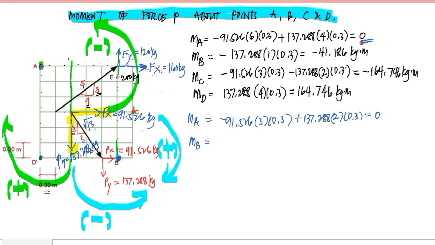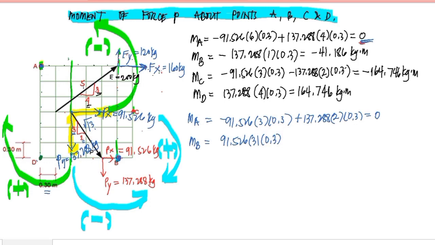So we have 91.526, that's positive because clockwise. And the perpendicular distance, since this is the line of action of Px, is 3 blocks. So we have times 3 times 0.3.